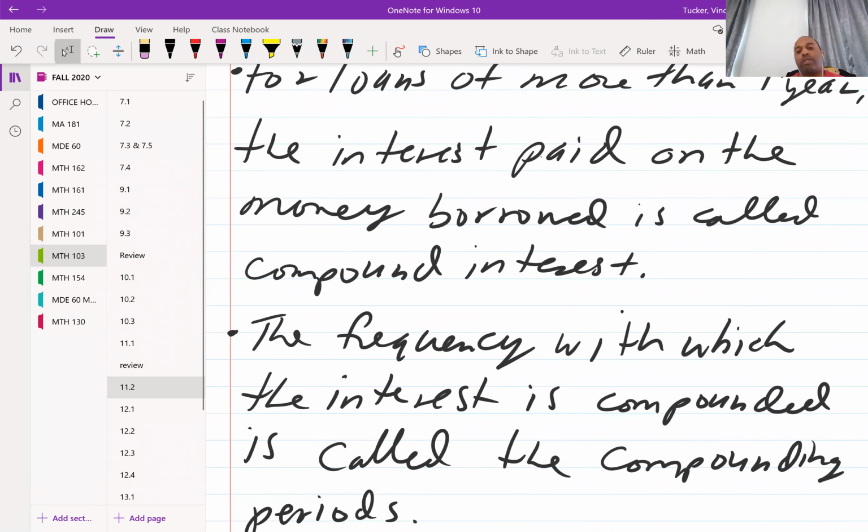And the frequency with which the interest is compounded is called the compounding periods. So it's going to be a new thing that's added to what we did in the last section.